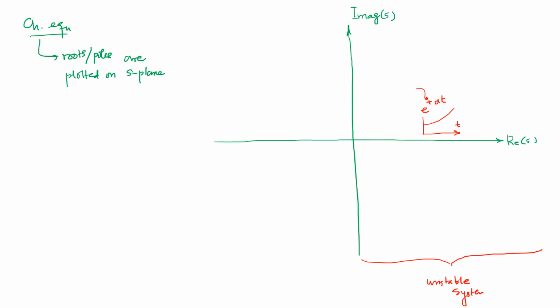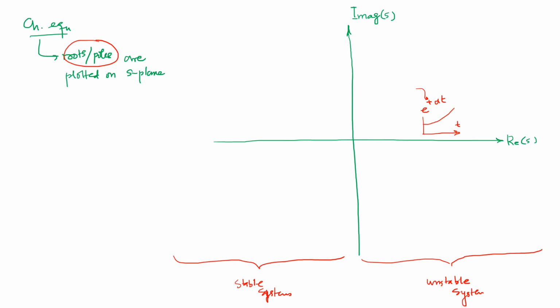But if you have your poles, let's say on the left hand side over here, then you are going to have the stable systems. So in order to have your system to be labeled as a stable system, all of these roots or poles are needed to be placed on the left-hand side of the S-plane.